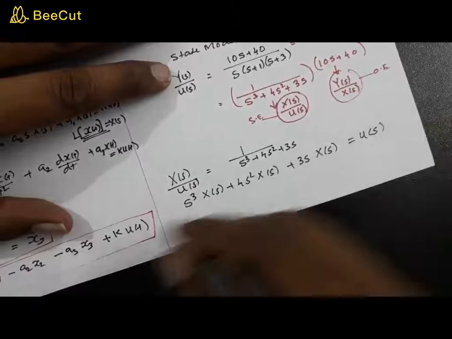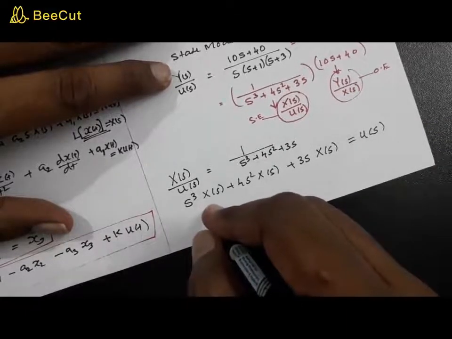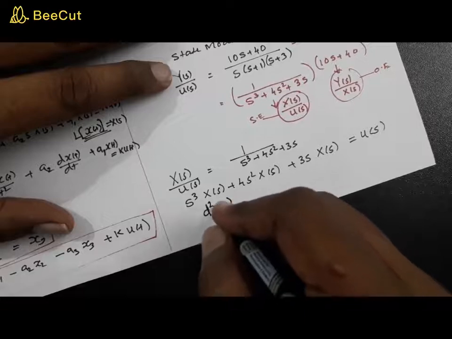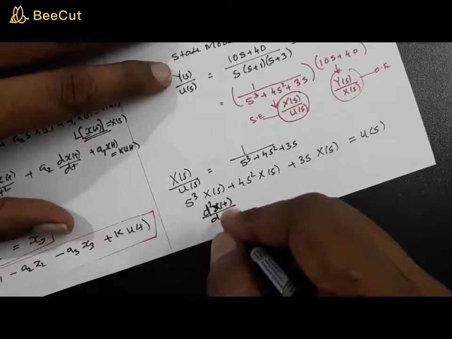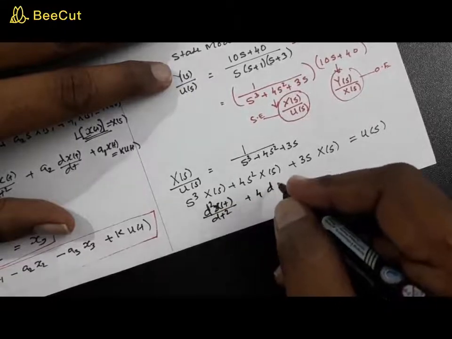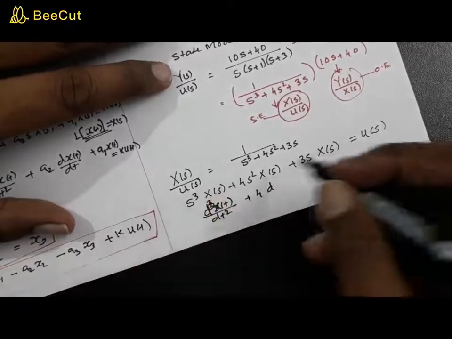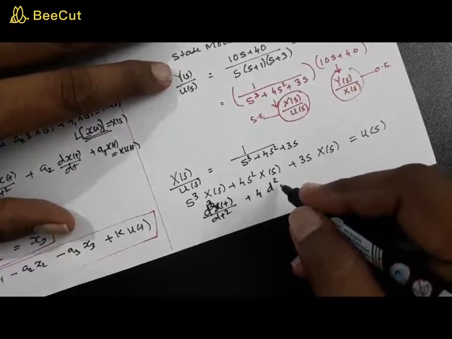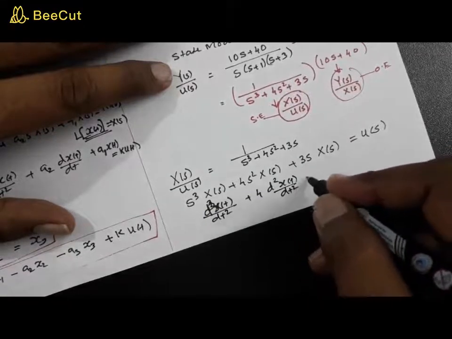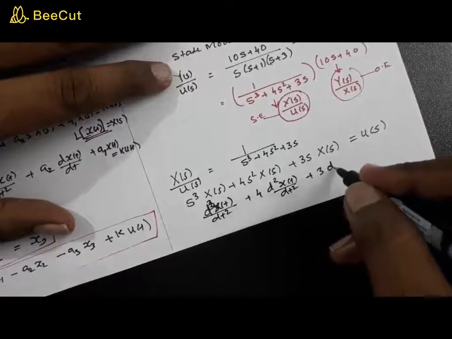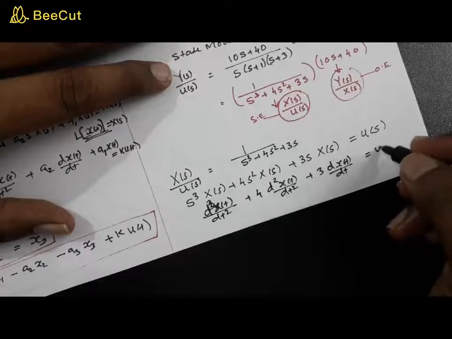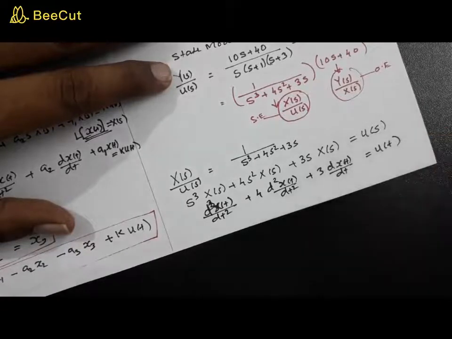Now when you take the inverse Laplace transform, you will get d cube x(t) by dt cube plus 4 times d square x(t) by dt square plus 3 times dx(t) by dt is equal to u(t).